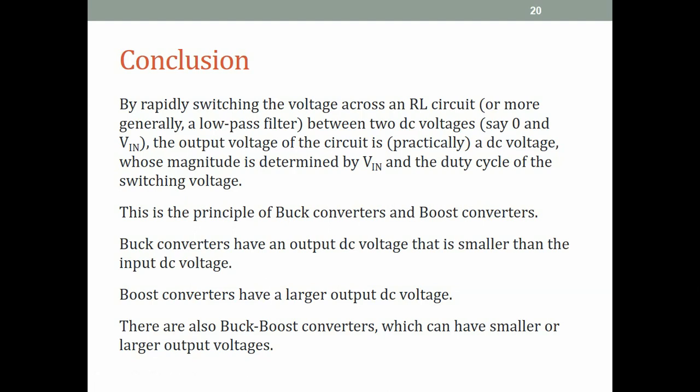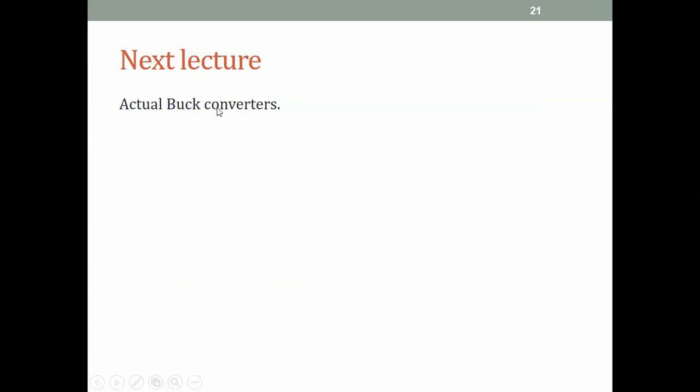There are also buck boost converters which can convert the input voltage to smaller or larger output voltages. So we will stop here, and in the next lecture we'll talk about actual buck converter circuits. What we studied now is just the basic principle of operation. Next lecture we'll go to the actual circuitry.